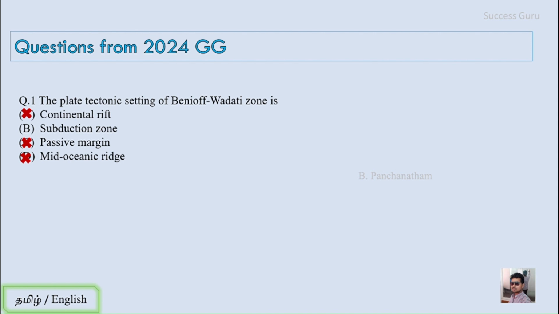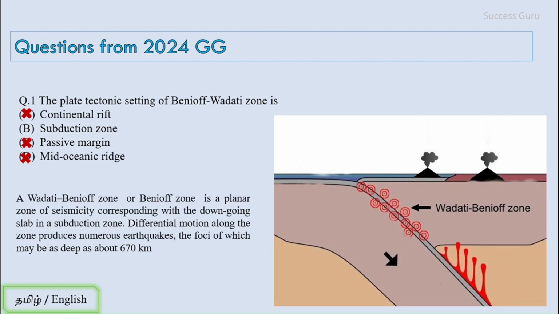The last option, option B, is the subduction zone where two plates collide and a denser plate moves below the lighter plate. Here there will be a formation of the Benioff zone, which is a planar zone of seismicity corresponding with the downgoing slab in a subduction zone.